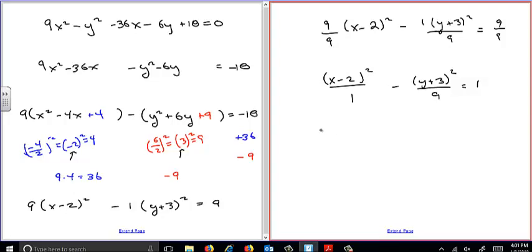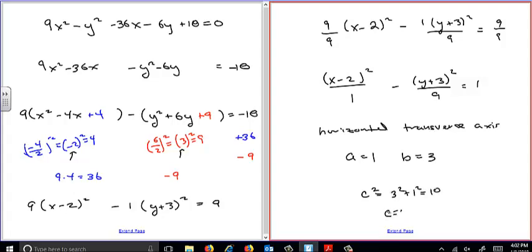So we're going to have a horizontal transverse axis, and that's because x is positive. This term is positive. This one's negative. A is 1. The square root of 1 is 1. B is 3. Square root of 9 is 3. And c squared is equal to 3 squared plus 1 squared, which is 10.